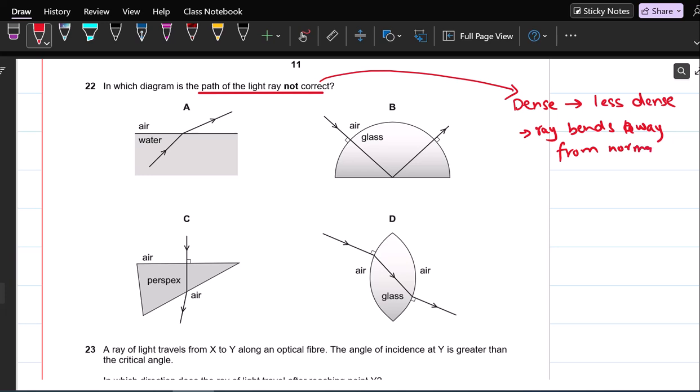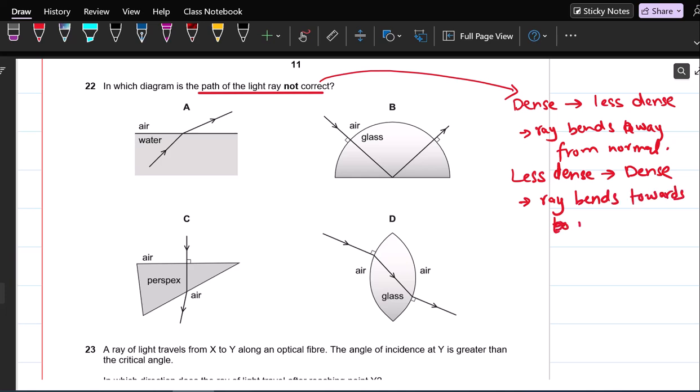And when ray moves from less dense to dense, ray bends towards normal, towards normal. So keep these two points in your mind and see where this thing is not occurring.